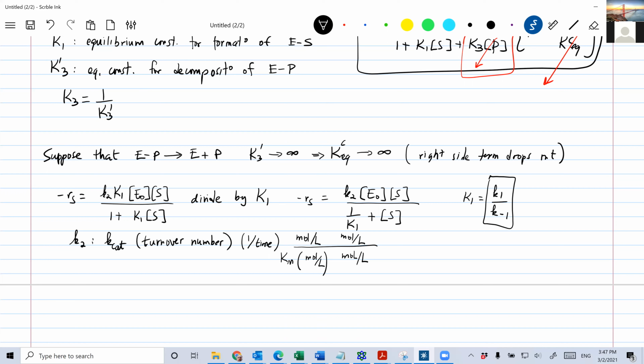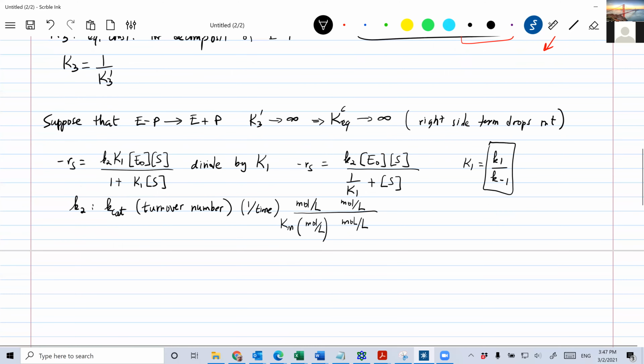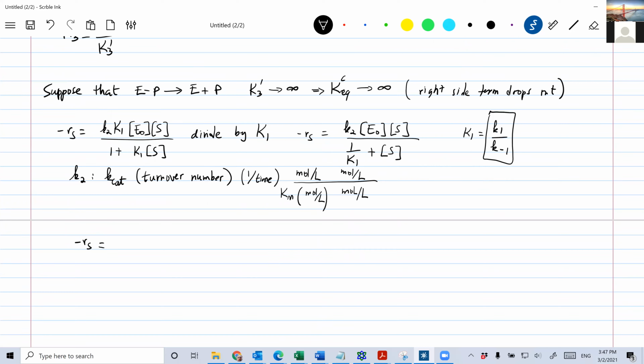So now you can finally write the rate of consumption of the substrate as Kcat E naught S over Km plus S. And this is the Michaelis-Menten equation. This equation is very famous in biochemistry.